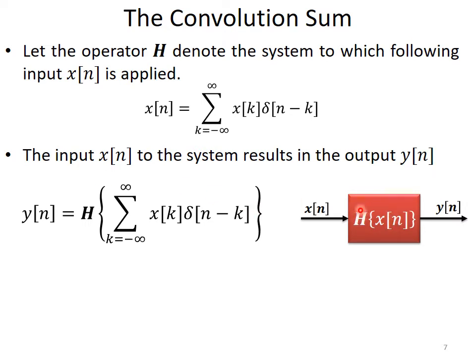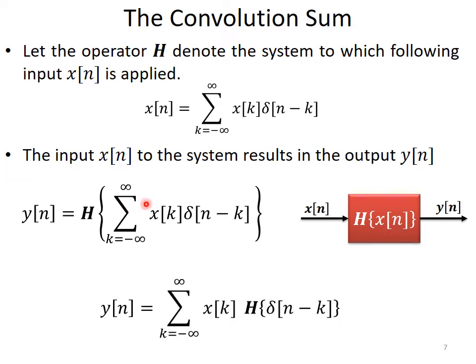So pictorially, the system is represented by h, and x of n input is applied, and the response produced by the system is y of n, which can be written mathematically in this form: y of n equals h, the function performed by the system, applied to the input represented by this equation.